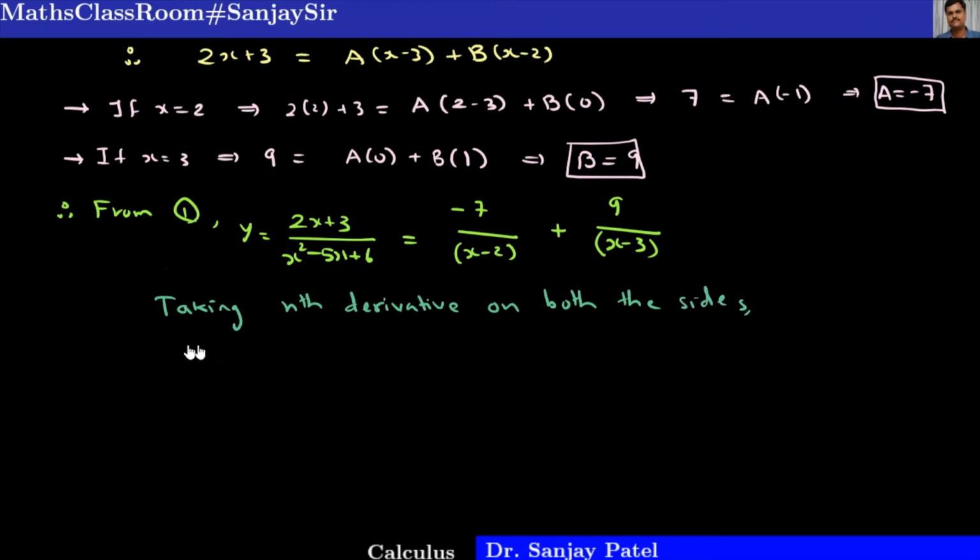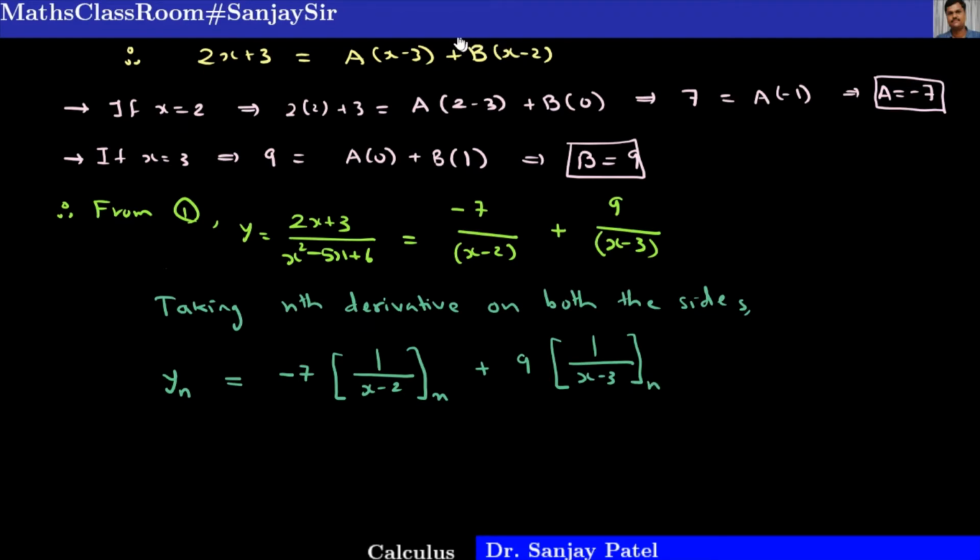We get the left hand side y, its nth derivative is yn, and this is equal to the nth derivative of this. This -7 is in multiplication, so I will write -7 into the nth derivative of 1/(x - 2), plus again 9 is a constant in multiplication, so I can write 9 times the nth derivative of 1/(x - 3).